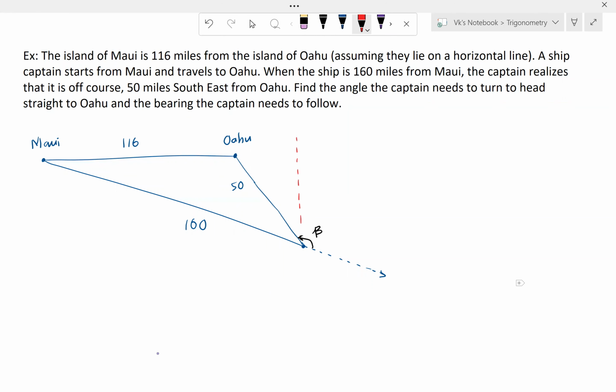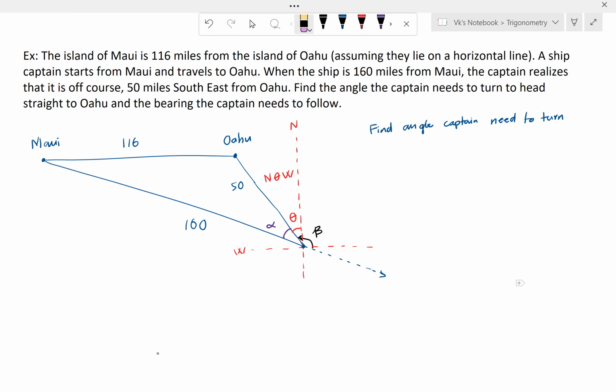You have to create the XY plane right where the ship is. And this would be the angle theta that the captain needs to turn, so it's going to be north theta west.